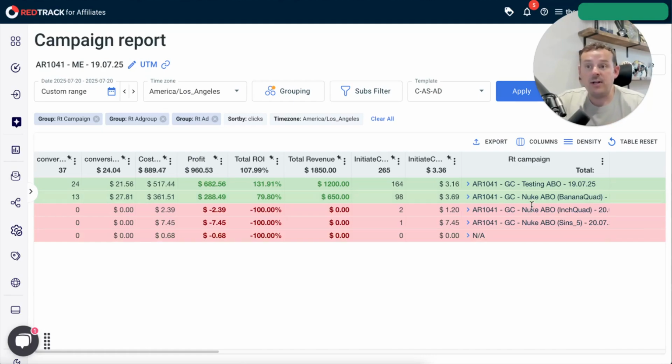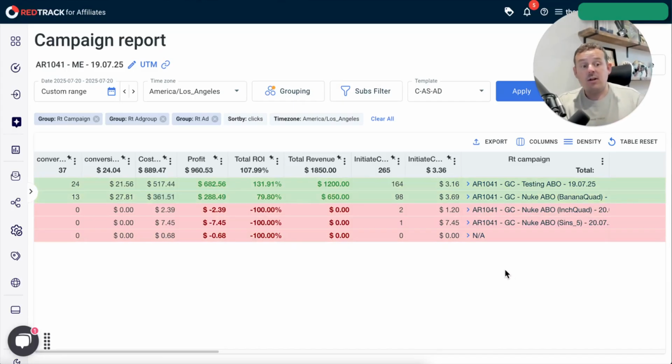So what I'm doing is taking this one ad, this banana quads, which is a creative tag that we have, and I'm nuking it. This is a scaling strategy that we have. In this scenario, we push this campaign to $360 spent on that one creative ID, that one existing post ID, as well as what it's running inside of the testing campaign.